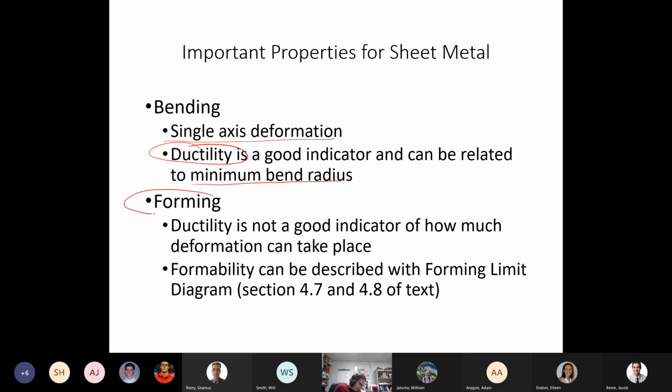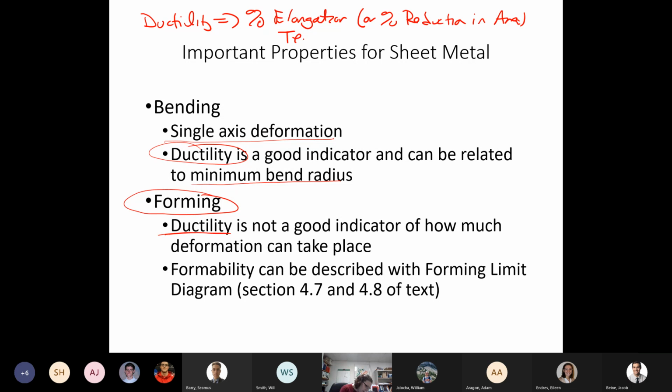So now when we talk about forming, remember, forming is more complex. We're not just deforming around a single axis. We're taking a sheet and making it into a cup, or into a box. So straight ductility, and remember, ductility is percent elongation or percent reduction in area.